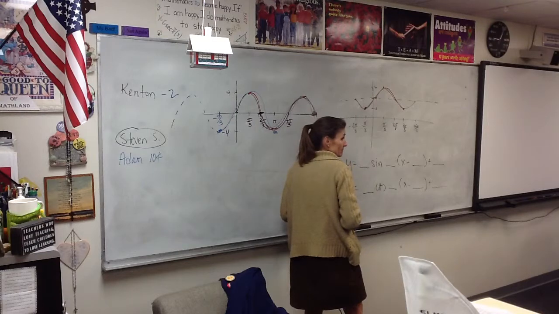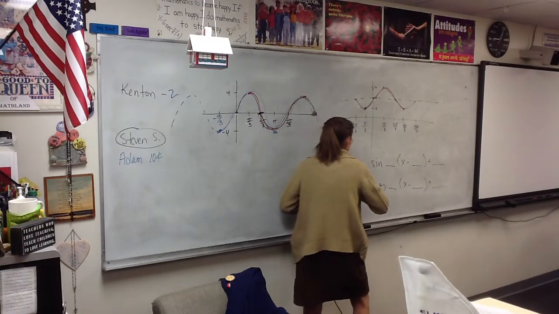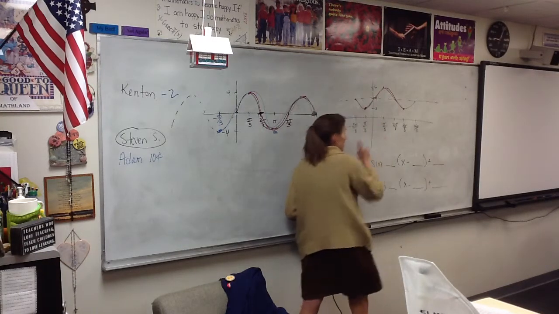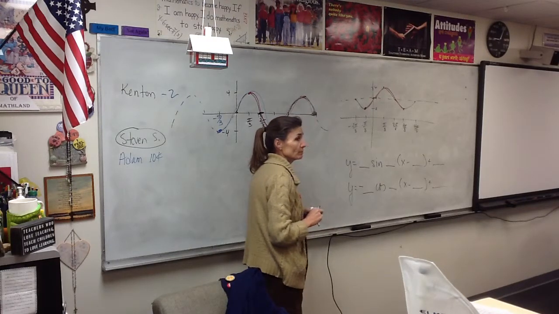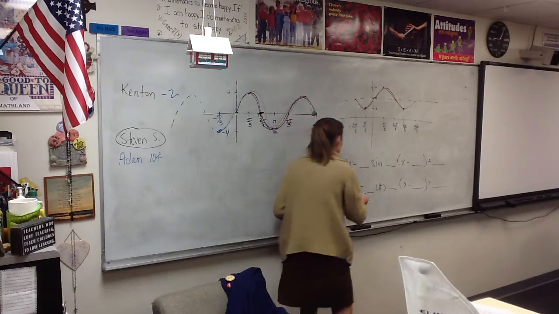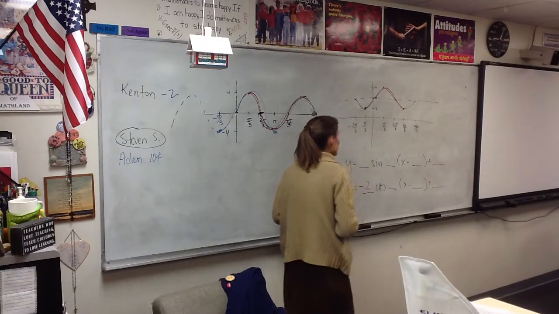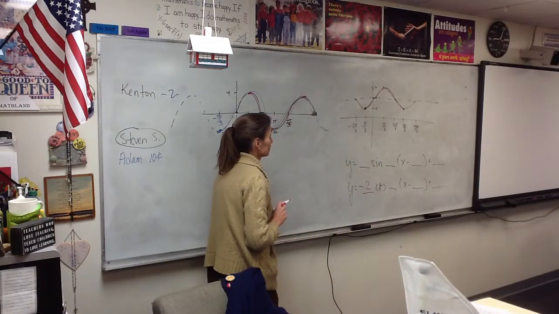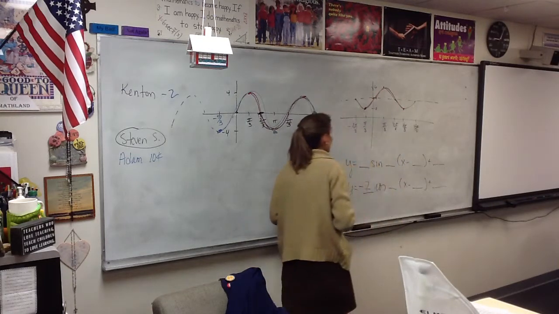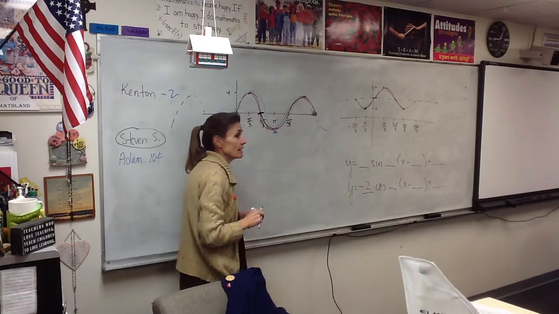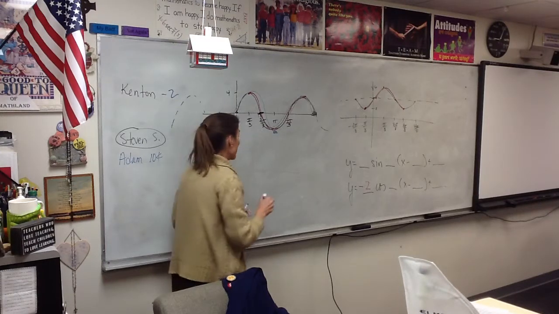It's negative, right? So this number is going to have to be negative if that's the period you're looking at. What's its amplitude? 2. What's its period? No, that's not 4 pi. Yes, it's 4 pi divided by 8, which is pi over 2.